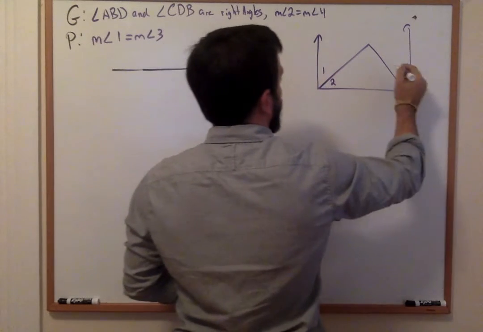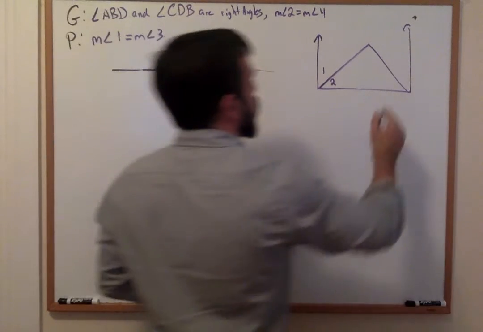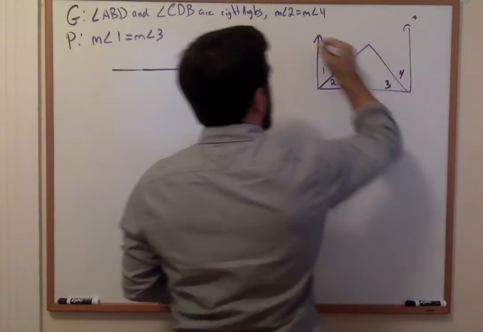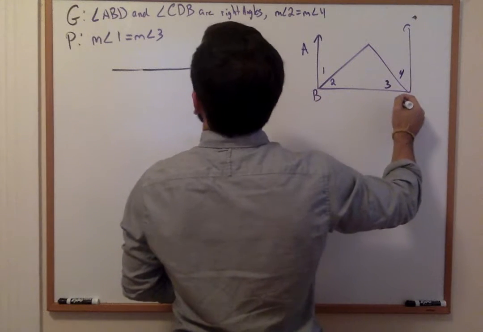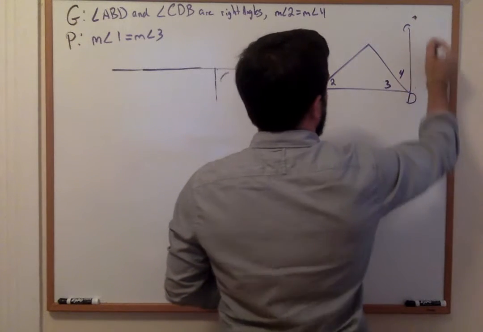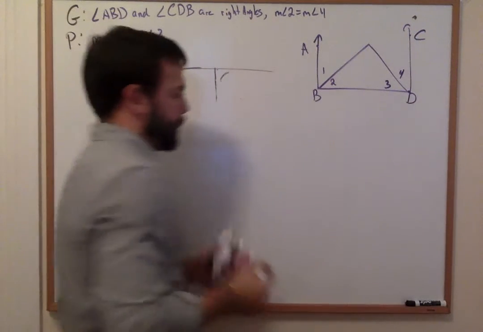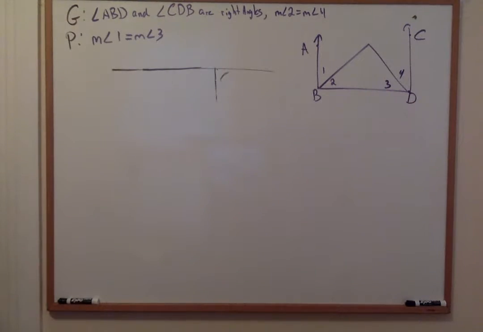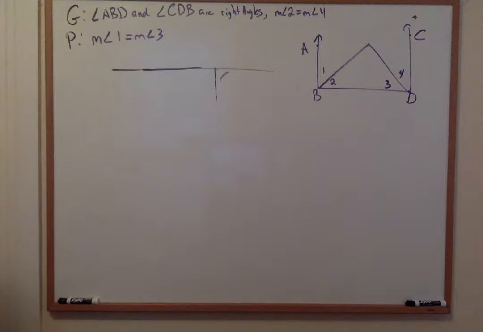One and 2 and 3 and 4. A, B, D, C. All right. So we are given that ABD and CDB are right angles.